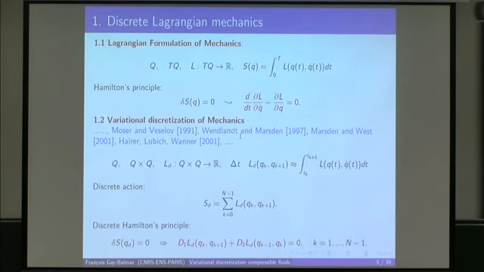So let me start with discrete Lagrangian mechanics. All the problems that I will present come from Hamilton's principle, so it's useful to have a quick look at it. In Lagrangian mechanics, you have a configuration manifold Q, in our case a Lie group, and a Lagrangian depending on the position and the velocity.